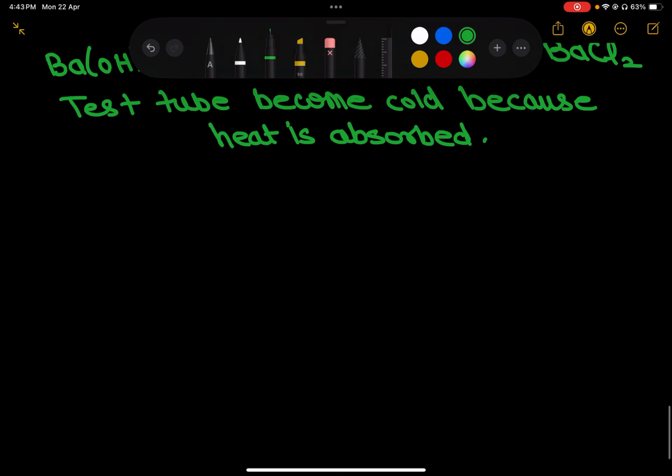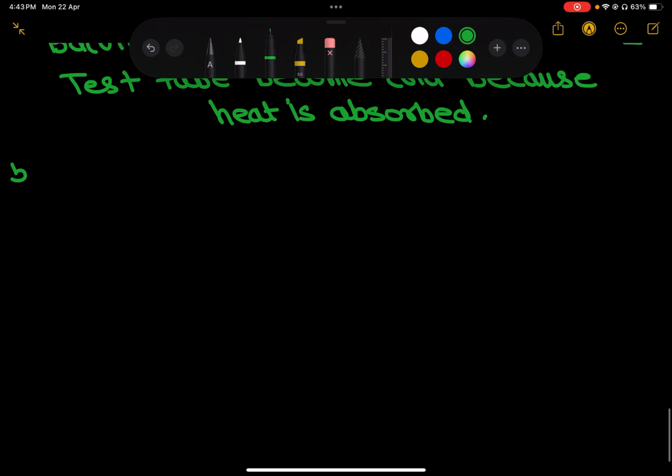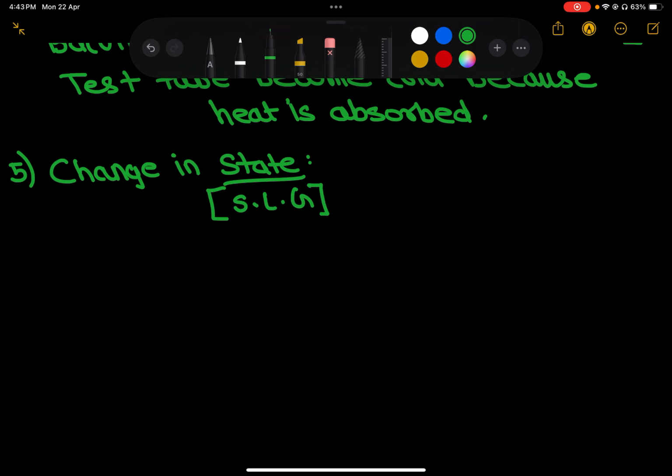Now, the last way is change in state. So what is this? You know that the states are solid, liquid, and gas. There is also plasma and so on, but that is not necessary here. Solid, liquid, gas.